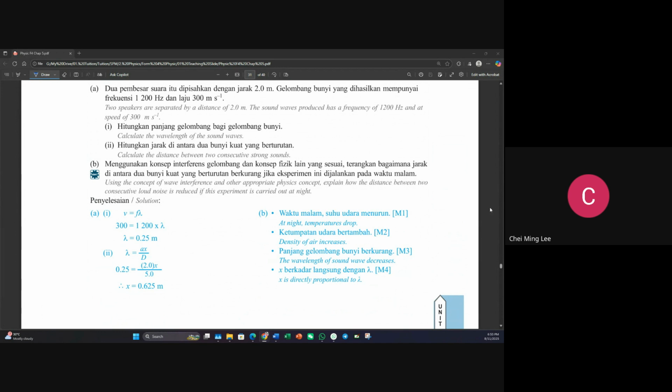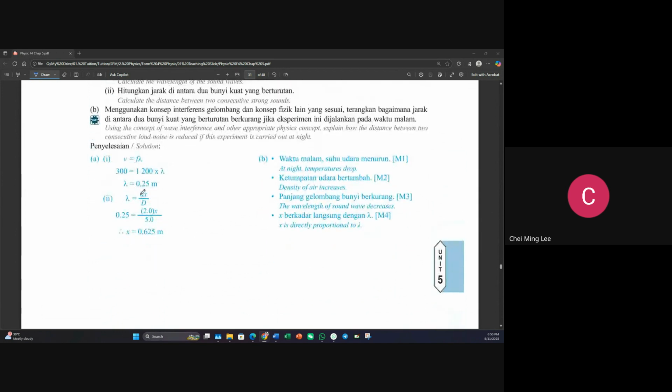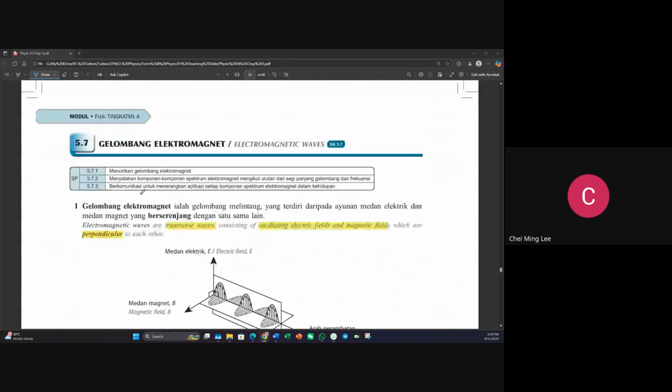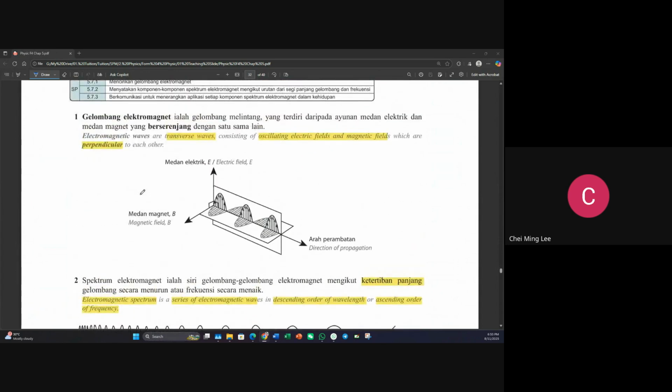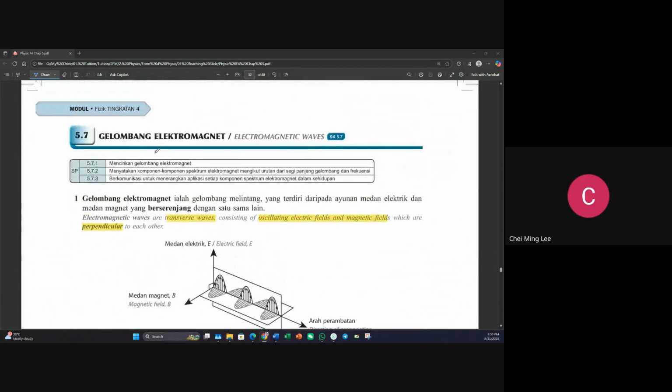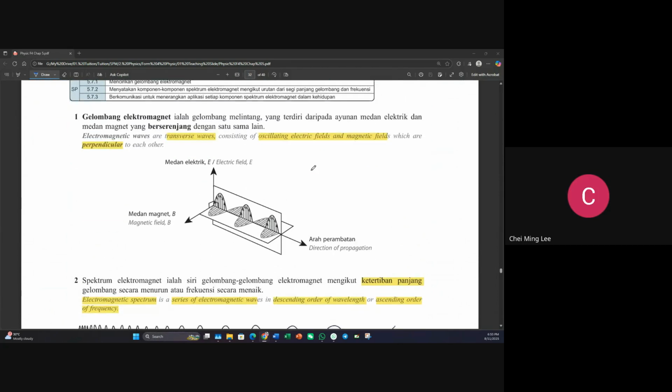Okay, done. All right, now we still have some time, so let's continue a bit. Electromagnetic wave is a transverse wave, consisting of oscillating electric field and magnetic field, which are perpendicular to each other. It's a combination of two waves, and the angle between them is 90 degrees.